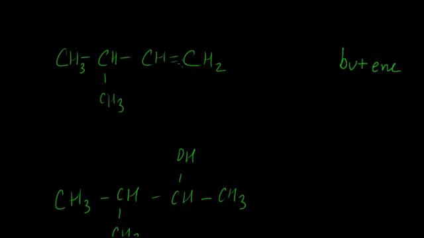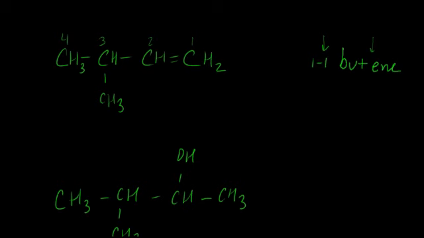Well, the double bond is going to dictate and want to have the lowest number. So if we count off from here, 1, 2, 3, 4, I think we have it. The other way, it's going to be on the third carbon.